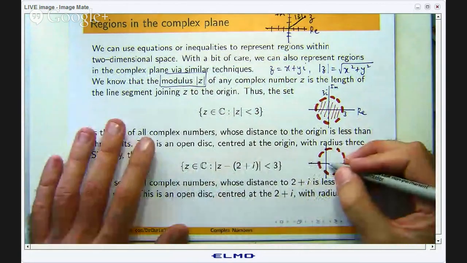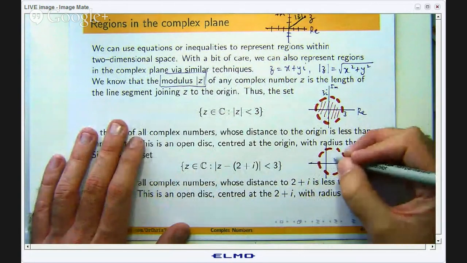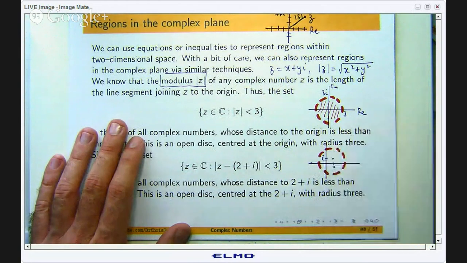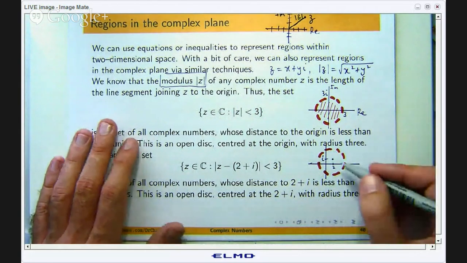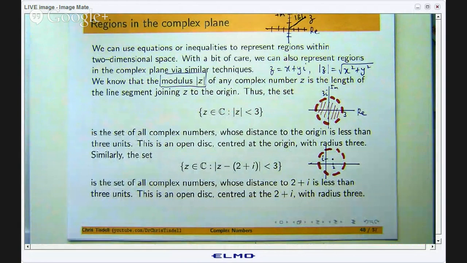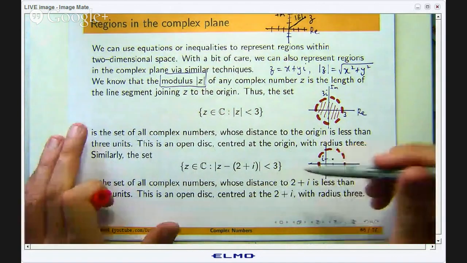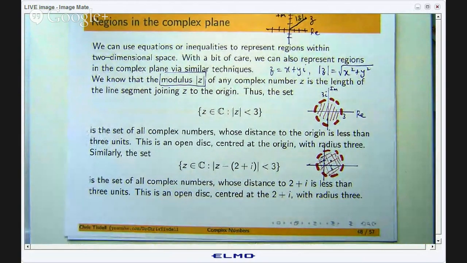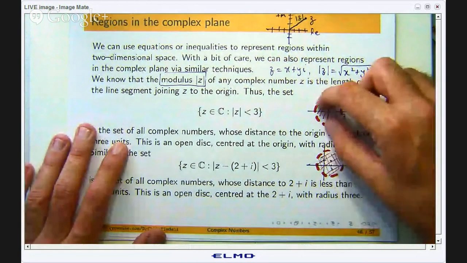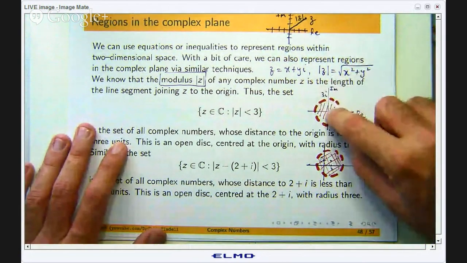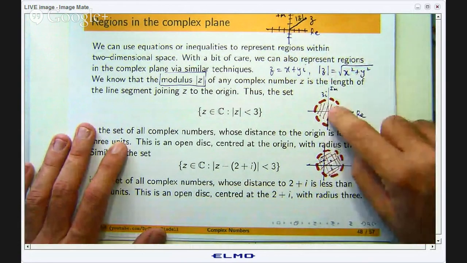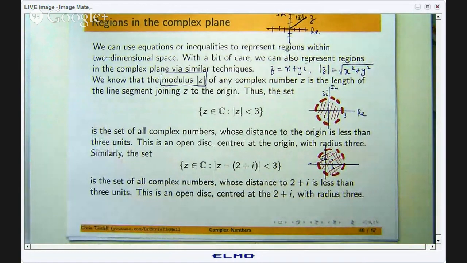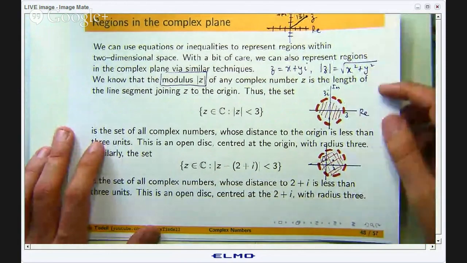Okay, so that's 2, and that's, I know it's very small, that's i. Okay, so radius again is 3. Okay, so again, I'm not including the edge because we've got a strictly less than sign there. So basically, to get from here to here, all we've done is kept the same set and just moved it. We've moved it so the center has gone from the origin to 2 plus i. Okay, all right. So there's a couple of examples.